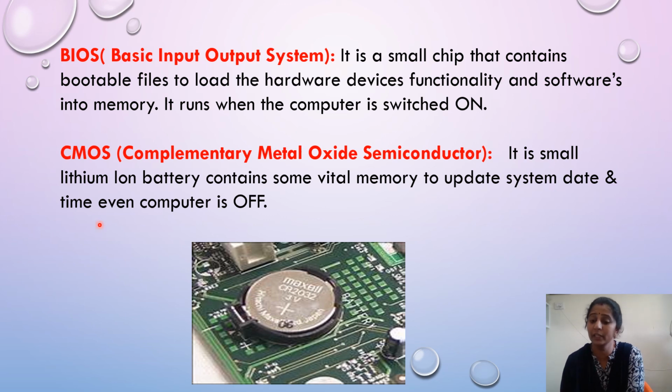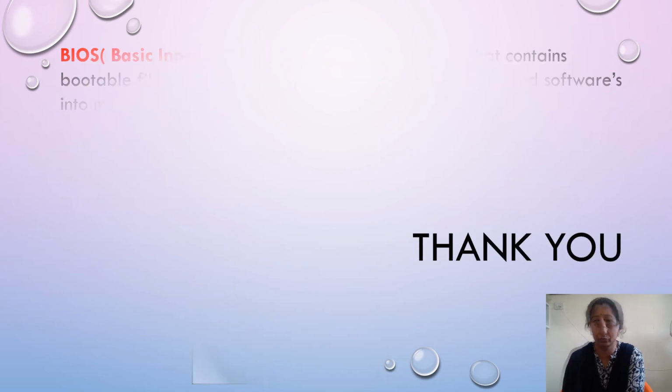Updating the date and time is very important to keep your computer active. It is a small lithium ion battery, containing a small amount of memory to update your system date and time even though your computer is off.